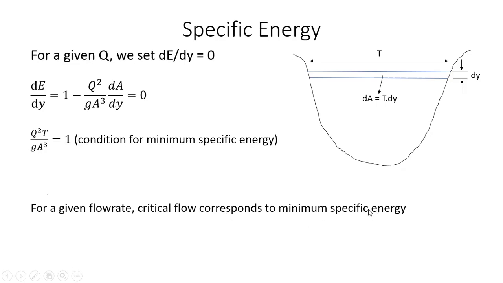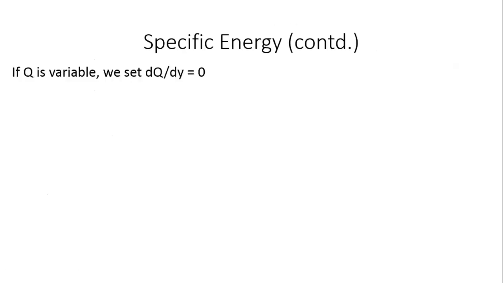Okay, now I'm going to invert it and say, what if I keep the specific energy constant and vary the q, right? If q is variable and we set dq by dy equal to 0, we'll get something like this, right? E equal to y plus q square by 2g a square. I rewrite this as q equal to A into under root 2g into (E minus y), right?